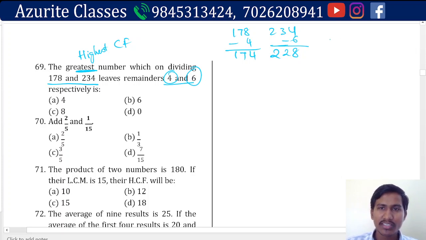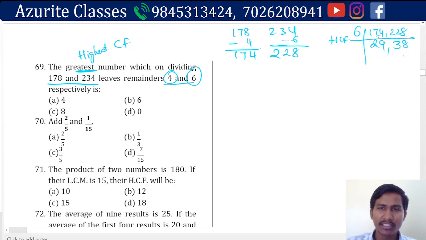So what will the HCF of 174 and 228 be? They are divisible by 2, and we can divide directly by 6, since you can divide by 2 and 3. 6 twos are 12, 5 remaining, 6 nines are 54; 6 threes are 18; 6 eights are 48.